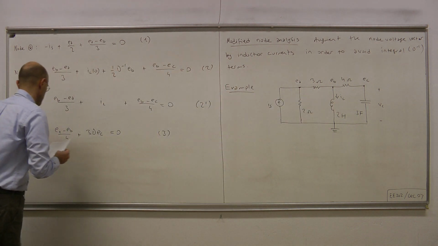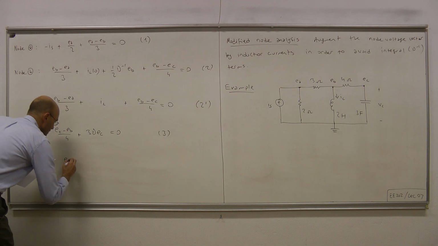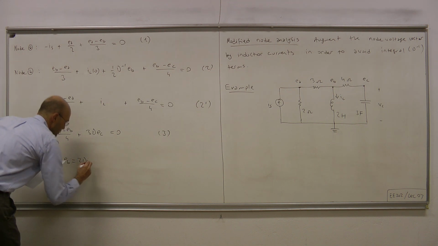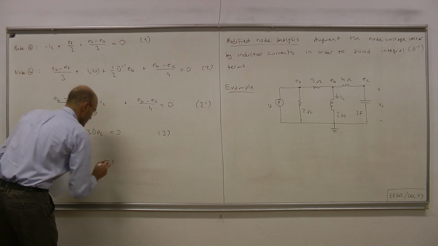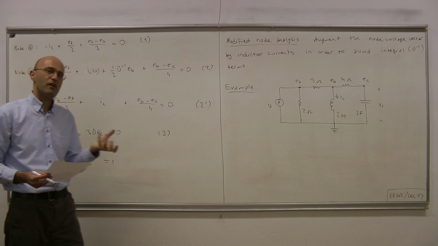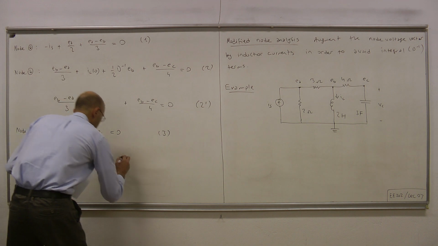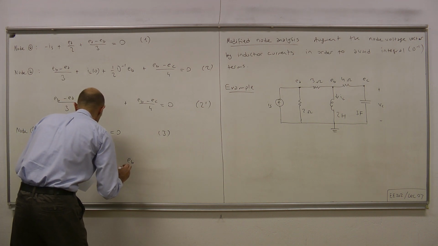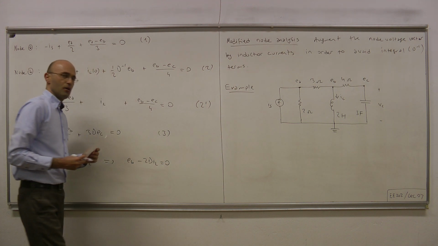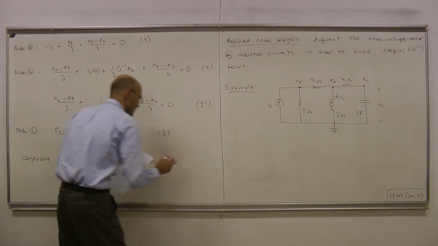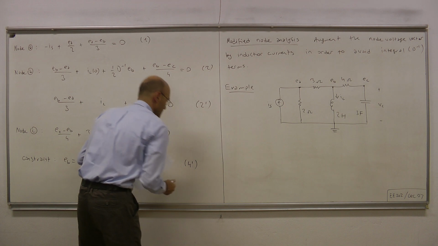So what we have is EB equals 2 DIL. Since we collect all the formulation variables at one side, it's better that we write this equation as EB minus 2 DIL equals 0. And let's call this equation equation 4 prime.